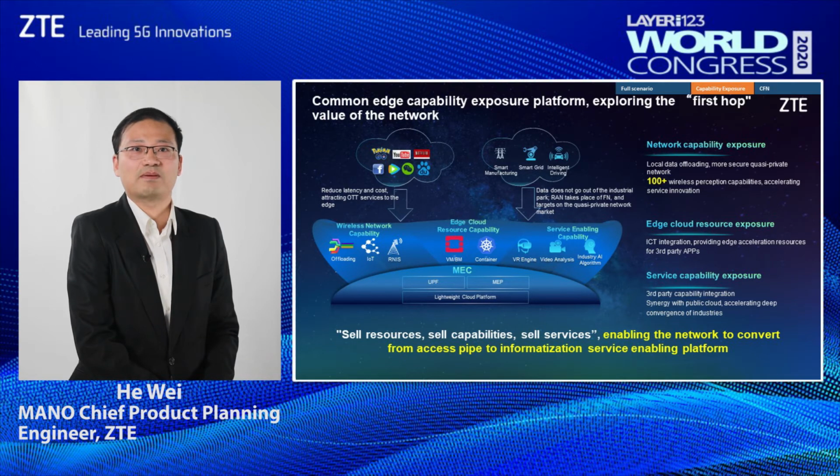For the network capability exposure, local data could be offloaded and more secure private networks are built. Meanwhile, more than 100 wireless precision capabilities are exposed to end users. It accelerates the service innovation. For edge cloud resource capability exposure, it provides edge acceleration resources for third-party applications.